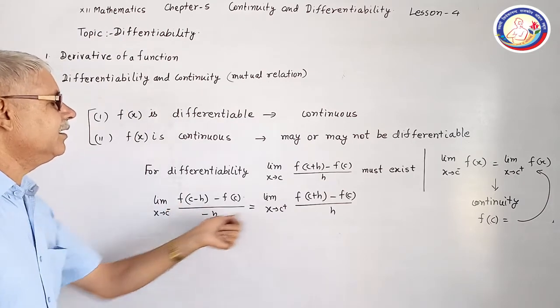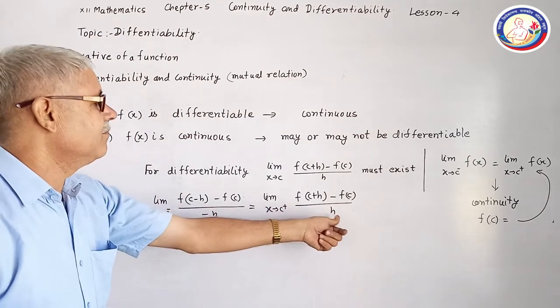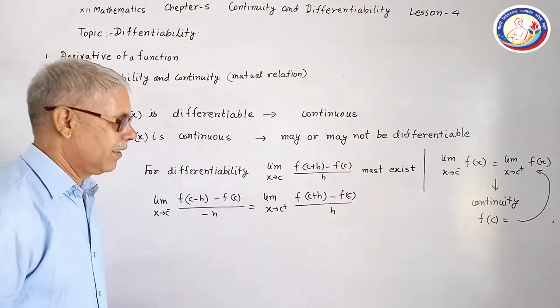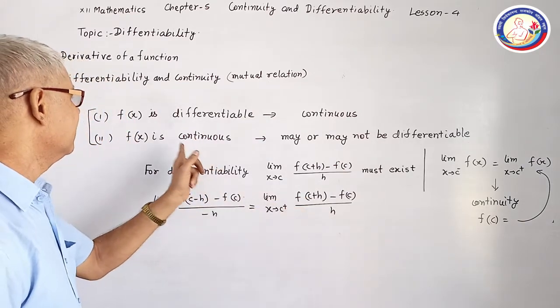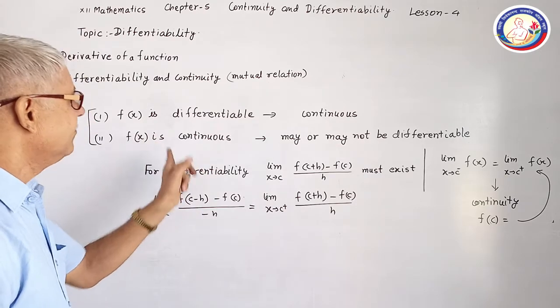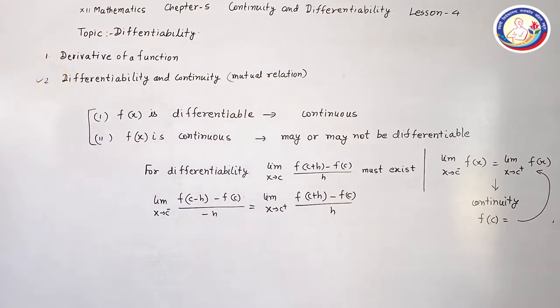So the left hand limit as well as the right hand limit must both be equal. This is the condition for a function to be differentiable.